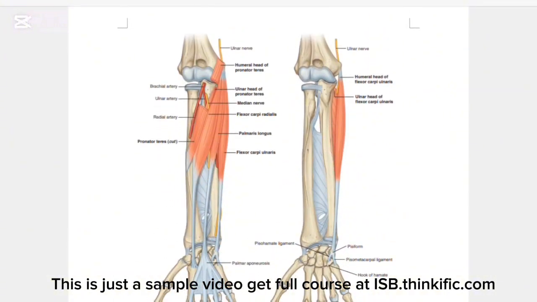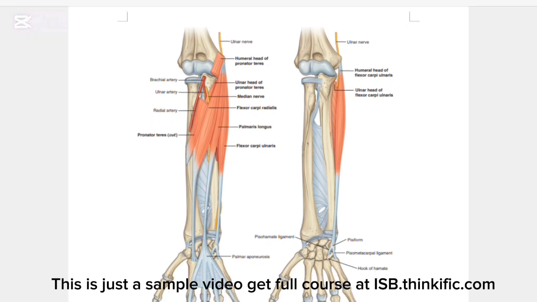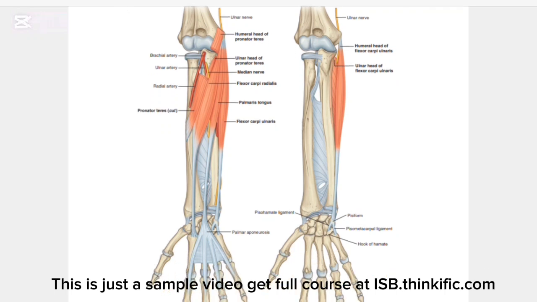Now let us take a look at the anterior compartment of the forearm. First, let's talk about the muscles. Generally, the muscles in the anterior compartment of the forearm, which is also called the flexor compartment, occur in three layers.